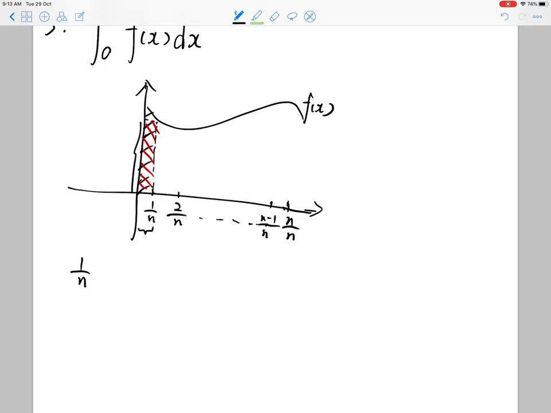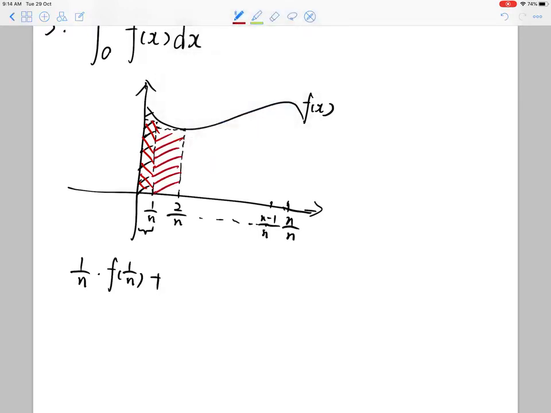Here you can see the height we use is at this point. This height is f(1/n) because this function is f(x). So it's 1 over n times f(1/n). Similarly, for this small interval, we draw this rectangle.